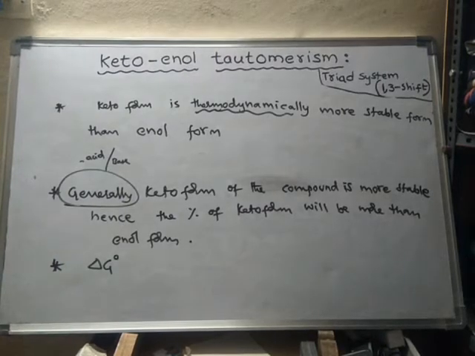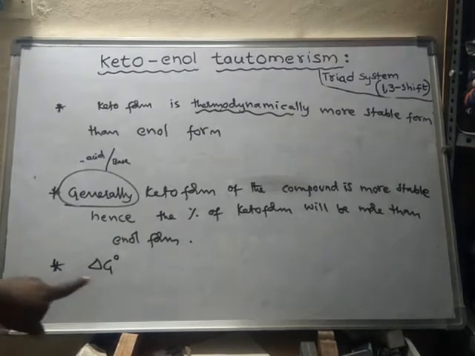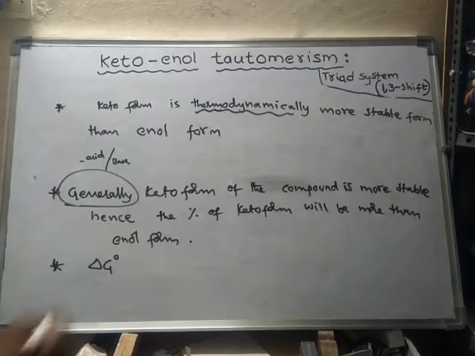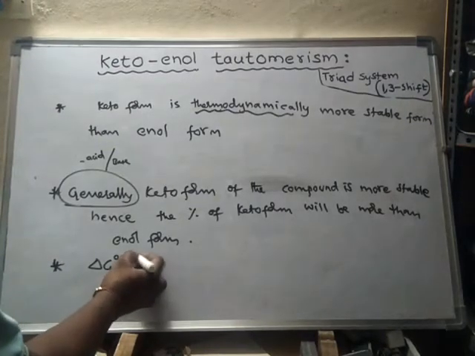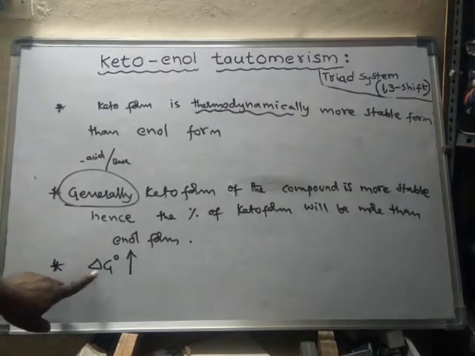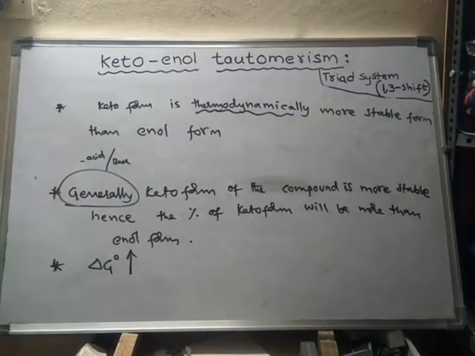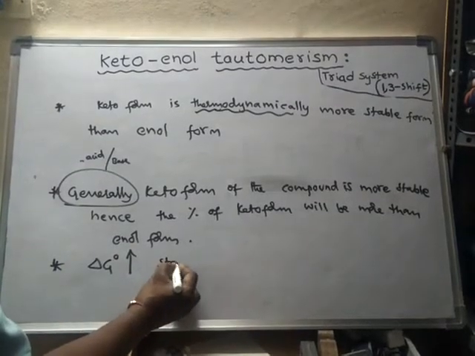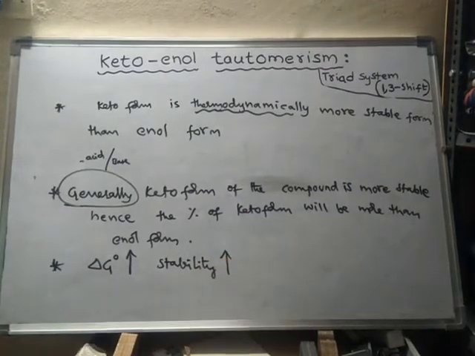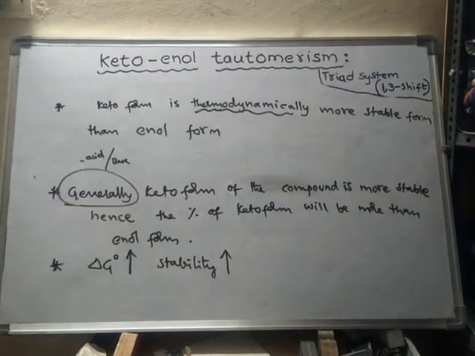The substance which has more Gibbs free energy, more value of delta G, will be more stable in general. So if the change in Gibbs free energy value increases, the stability increases. So keto form will have more change in Gibbs free energy when compared to enol form.